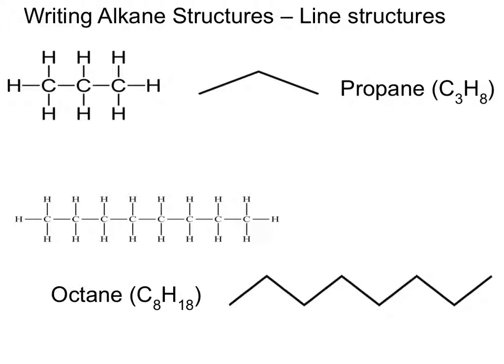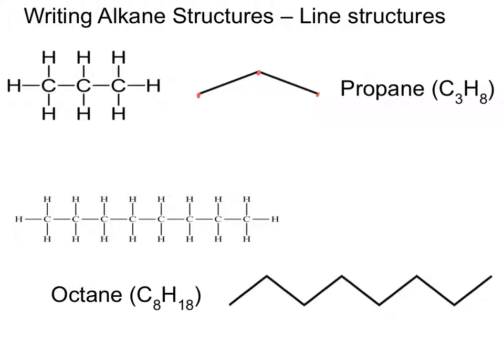Here we see a couple other examples of Lewis structures in order to form our line structure, sometimes also called skeletal structures. In our first example, propane, C3H8, we see 3 carbons in our Lewis structure, which makes sense because prop is our root for 3 carbons. And in our line structure, we have 1, 2, 3 carbons.